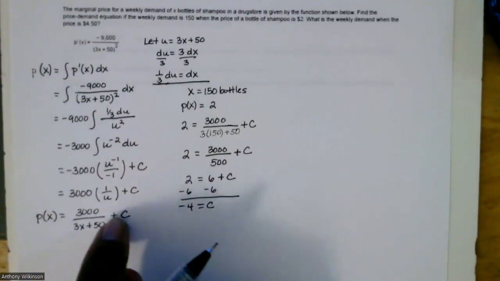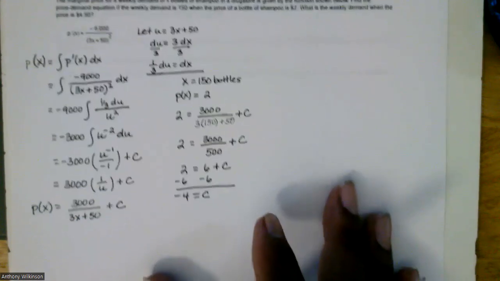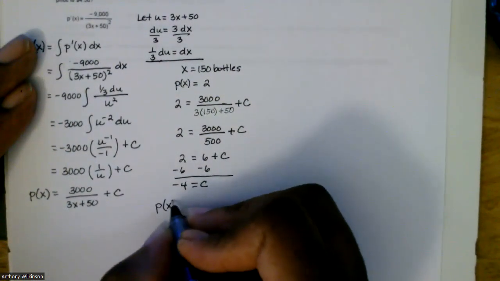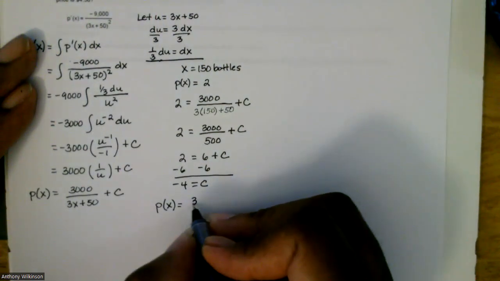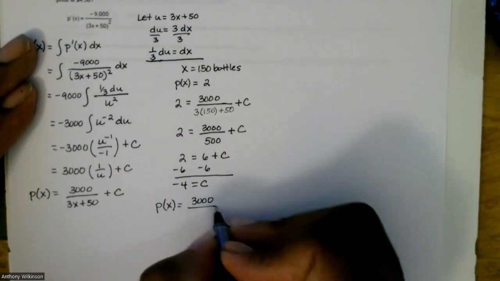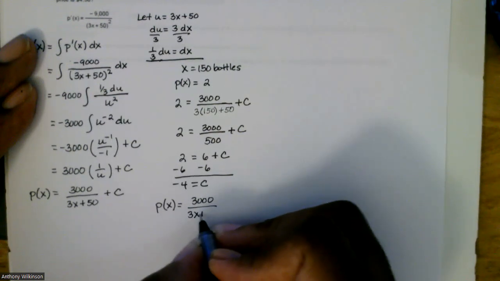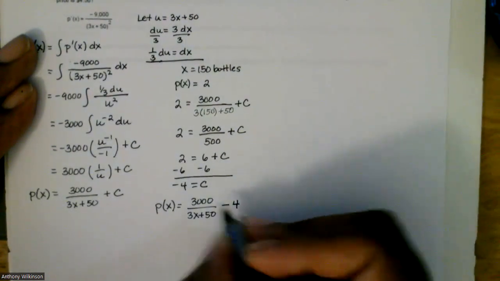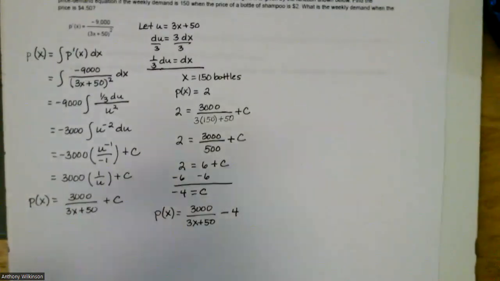So replacing the C in this function with negative 4, I'm going to have my price demand equation of P of X is equal to 3,000 divided by 3x plus 50, plus negative 4, which is the same as saying minus 4. So that's my price demand equation when the weekly demand is 150 when the price of a bottle of shampoo is $2. This will be the function.